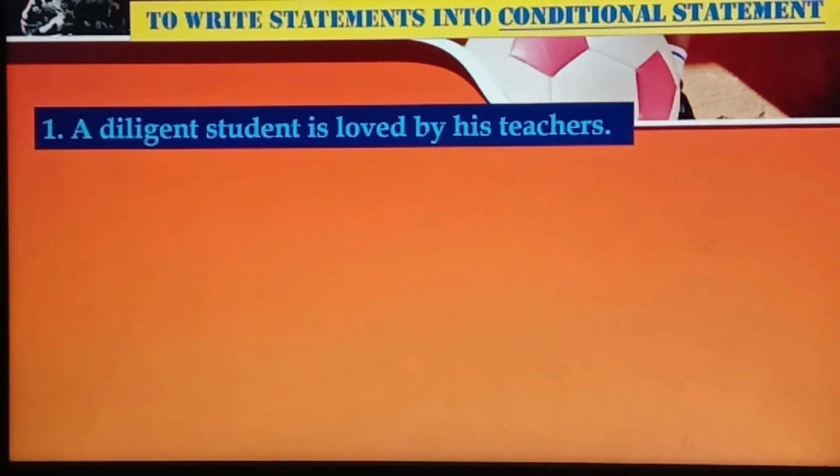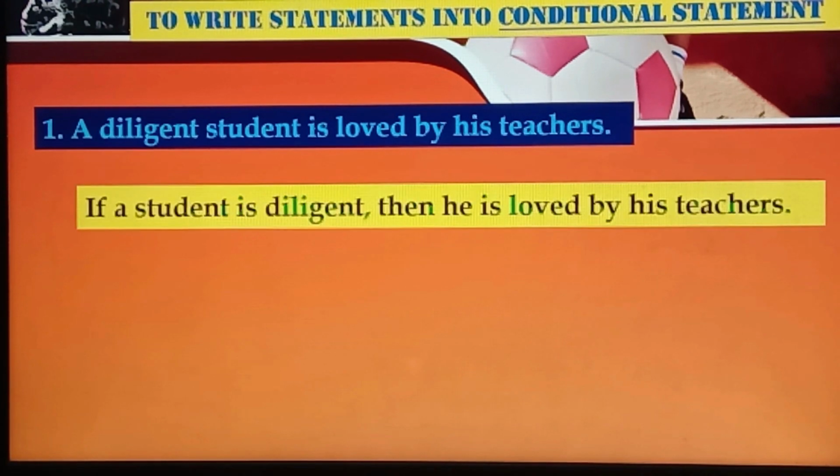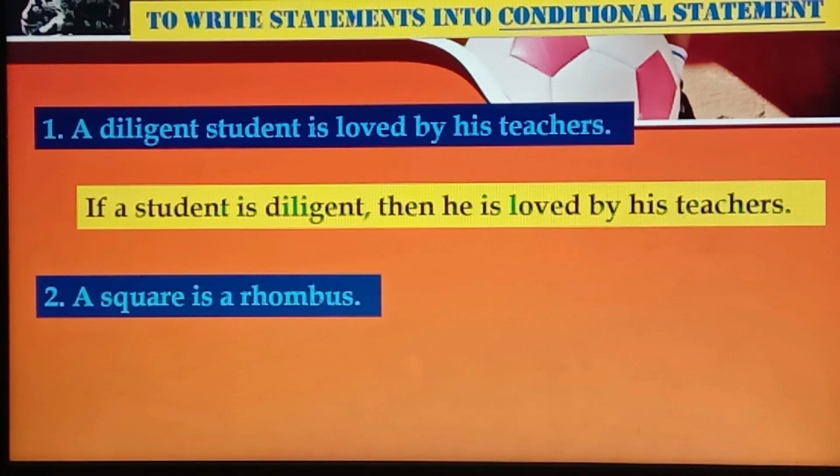An example here, we have a simple statement: a diligent student is loved by his teacher. Now, if we are going to write this into a conditional statement, of course, we have to use the words if and then. And that would be, if a student is diligent, then he is loved by his teacher. So that is how we write a particular statement into a conditional statement. Another example. We have here a statement that says a square is a rhombus.